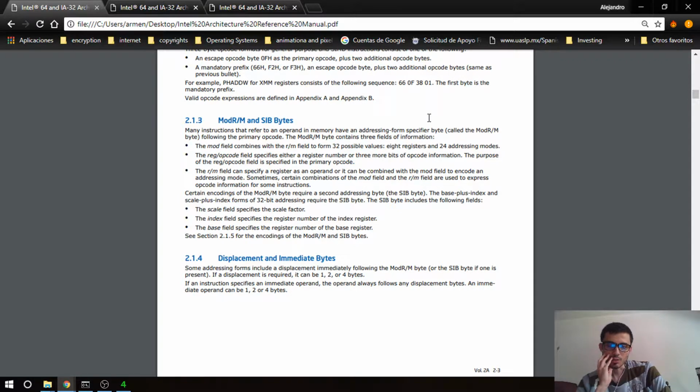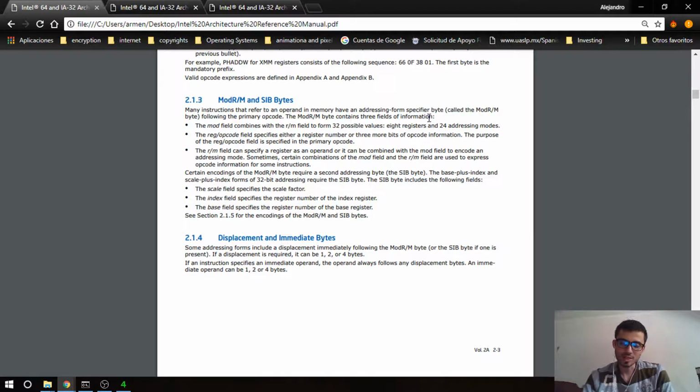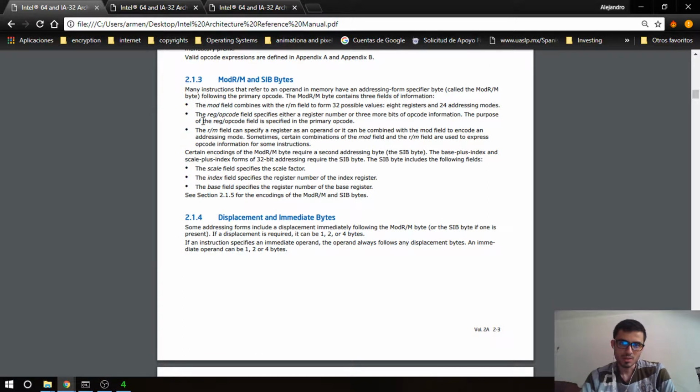And yeah, probably the opcode table also tells us a little bit more about how to interpret mod RM by itself. We know what mod RM itself tells us, for example, if it refers to register or if it refers to memory. But it's attached to the primary opcode, and then I can specify register as an operand, or it can be combined with mod field.